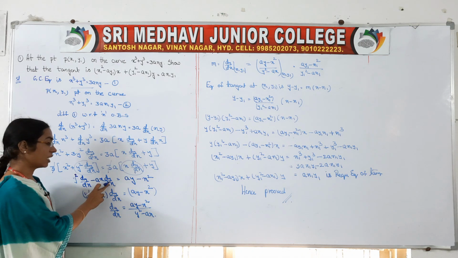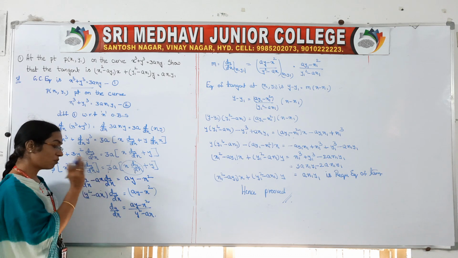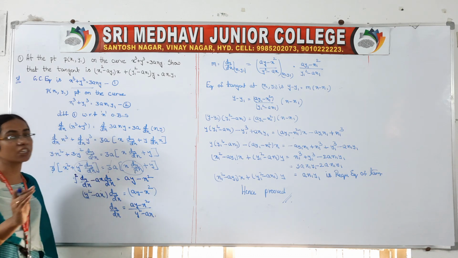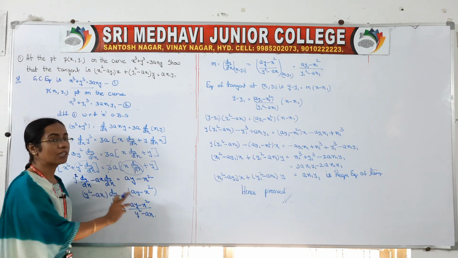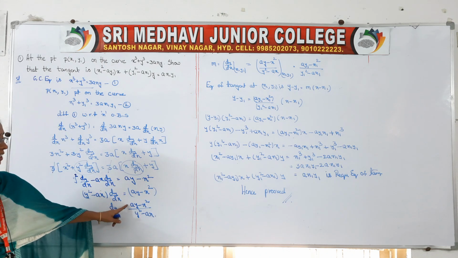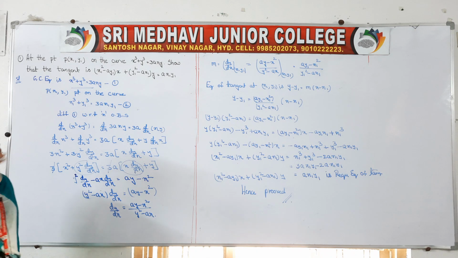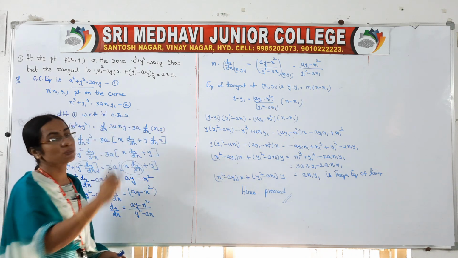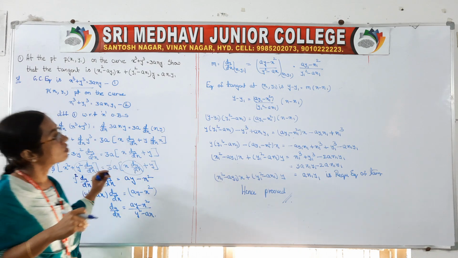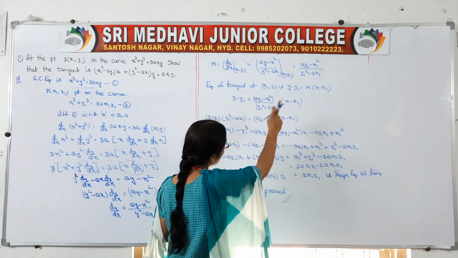After that we can take dy by dx common, and we want only dy by dx to get our m value. So for that send this value to that side. Okay, so dy by dx is equal to this one.